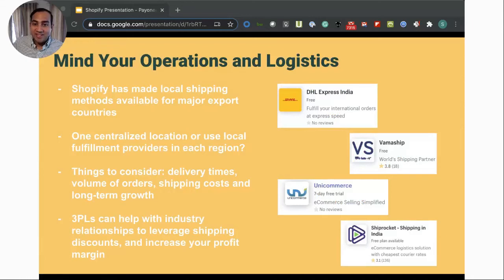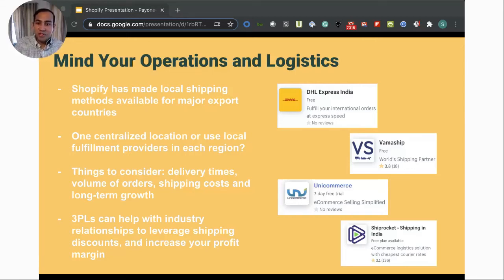I think operations and logistics is next. Now that you know how to set up your website and what some of the important factors are, and you start getting the orders, you want to make sure that you're clear in terms of how you're going to fulfill them and manage your entire operations, right?